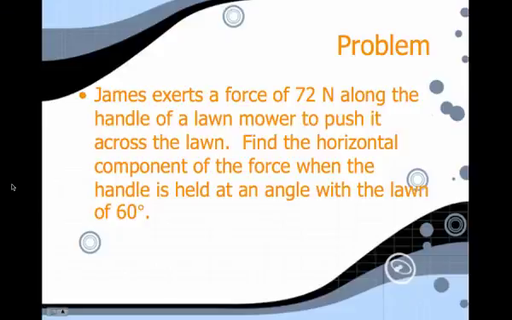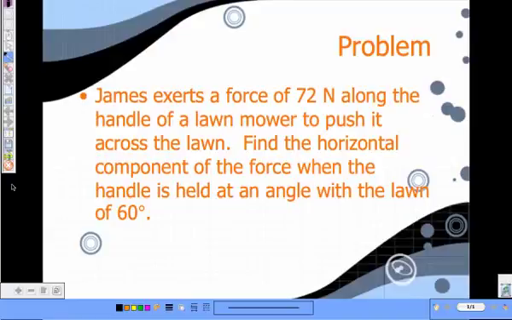So if we want to do a problem like this, James exerts a force of 72 newtons along the handle of a lawnmower to push it across the lawn. Find the horizontal component of the force when the handle is at an angle with the lawn of 60 degrees. Basically, kind of like what we were doing yesterday. So for pushing a lawnmower, we're pushing, so we're going down at this angle.